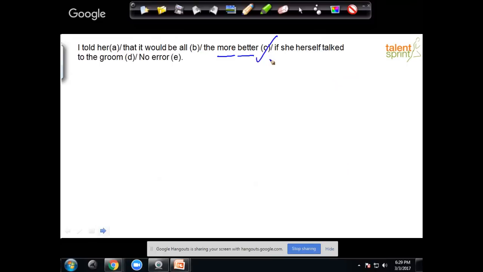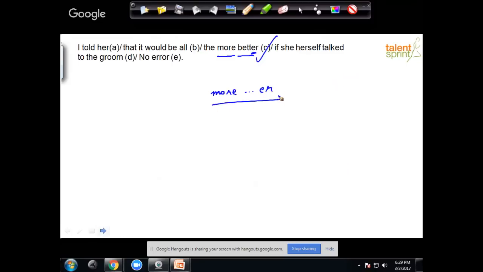What I need to remember is, when you have words ending in ER, you can't have "more" followed by words ending in ER.